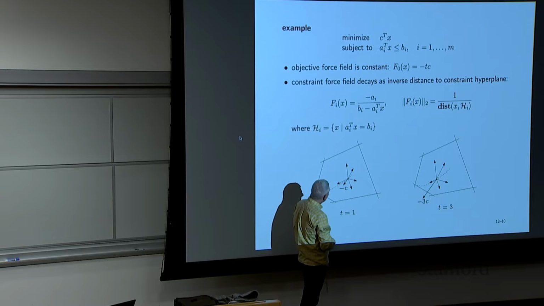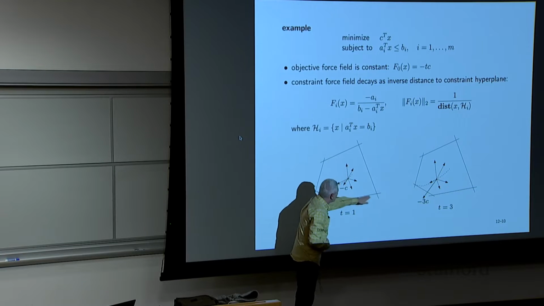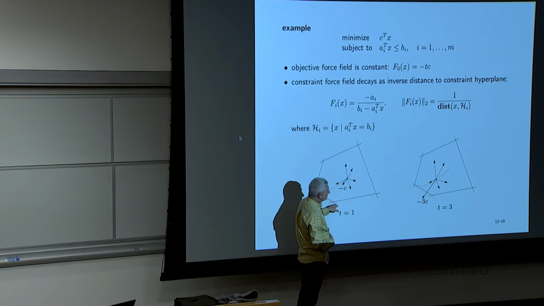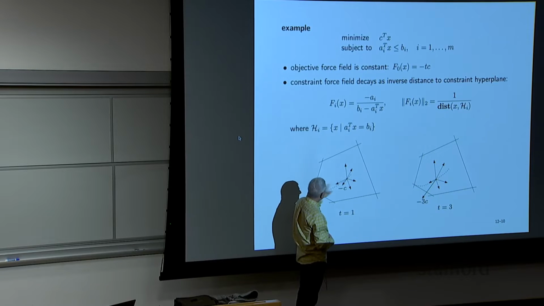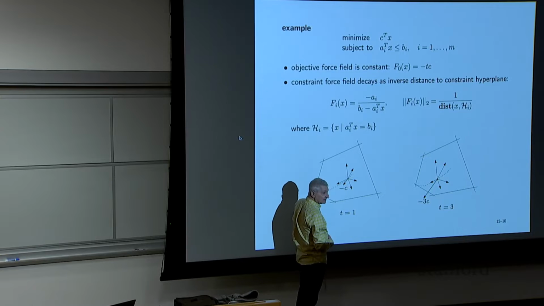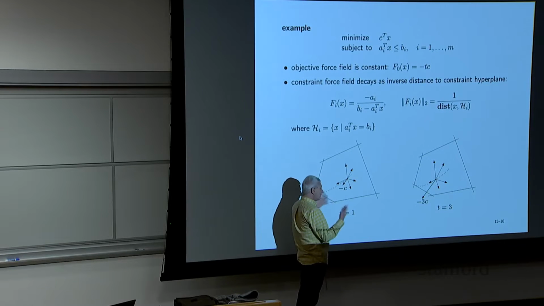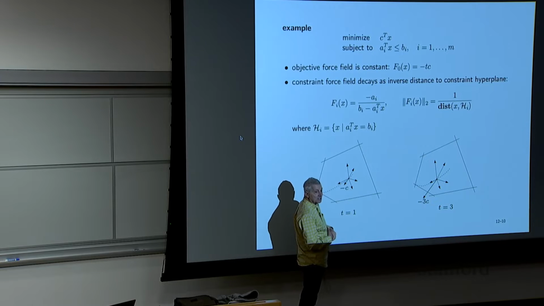And here is the repulsive force from this constraint, this one, and this one. You could work it out: all of these forces balance at this point on the central path.